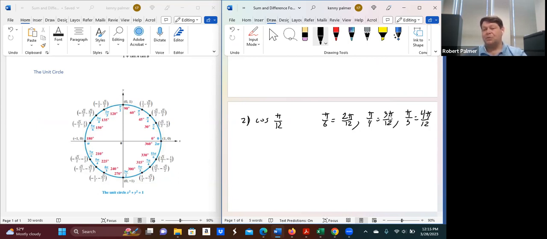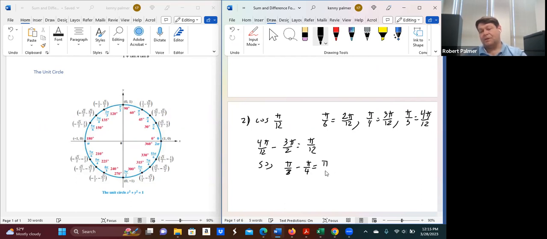So 4 pi over 12 minus 3 pi over 12 is equal to pi over 12. So that gives us pi over 3 minus pi over 4 is equal to pi over 12.